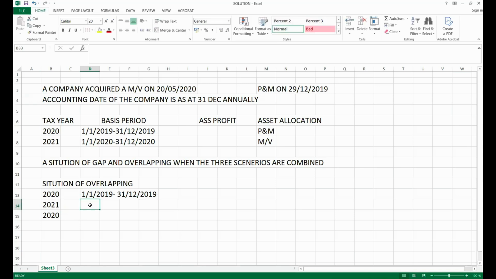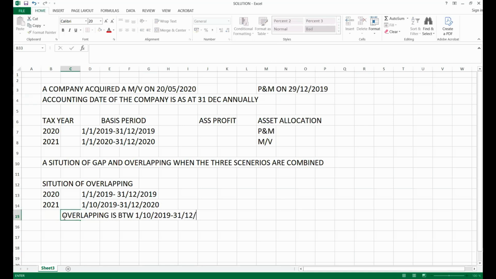By the time this one now commences, it commences from 1/10/2019 to 31/12/2020. So in this scenario, you can see that we have overlapping. What is the overlapping? Between 1/10/2019 to 31/12/2019. So that is the period of the overlapping.